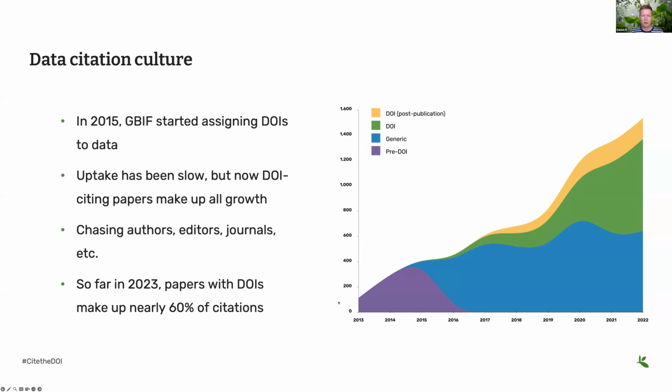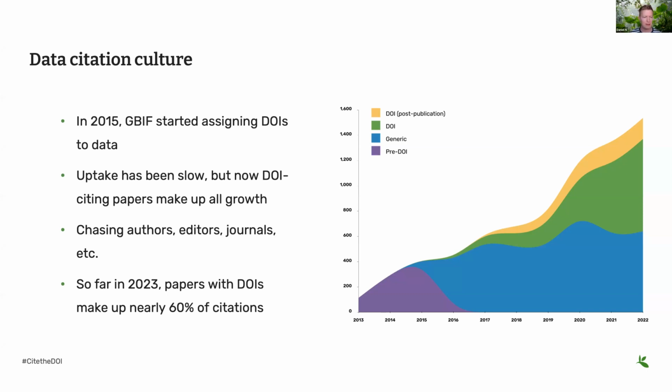Here we go. All right, so just a bit of background and history on how this has been going. We started in 2015 assigning DOIs to data sets and downloads. This has been slow progress. Uptake has been very slow, but now we are at a point where DOI-citing papers basically make up all growth in citations.